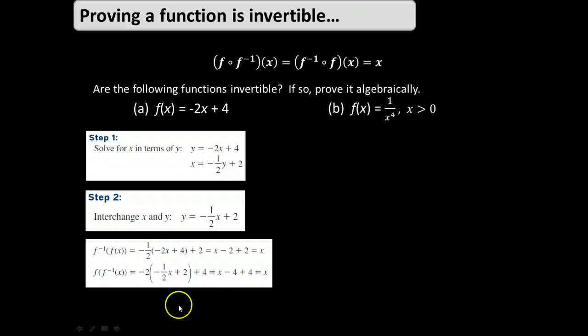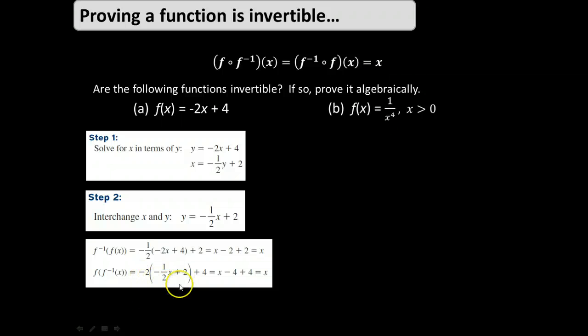But remember, it has to work both ways, so now we need to do f composed with f inverse. So now we're going to take our f inverse function, this negative 1/2 x plus 2, and we're going to run that through the f of x process. So we're going to multiply negative 2 times this negative 1/2 x plus 2, and then we're going to add the 4.